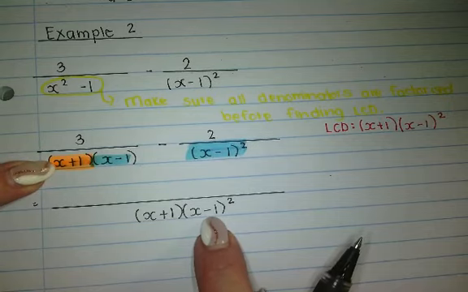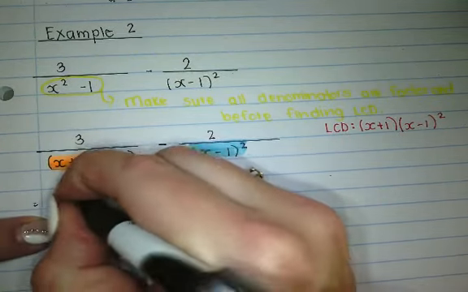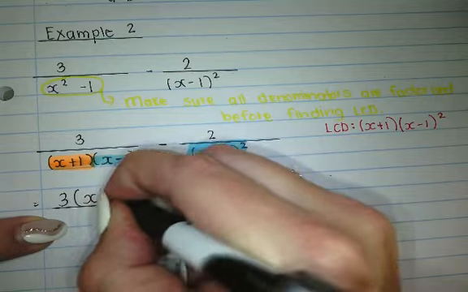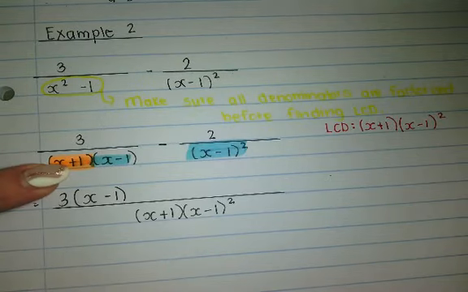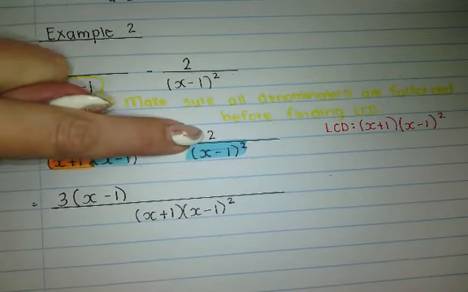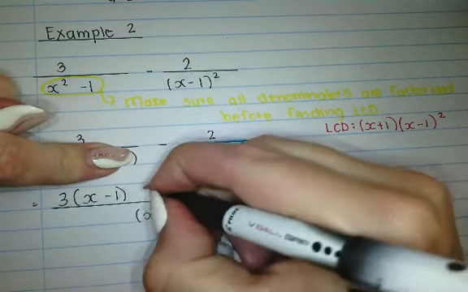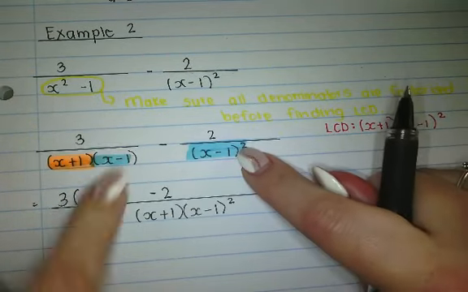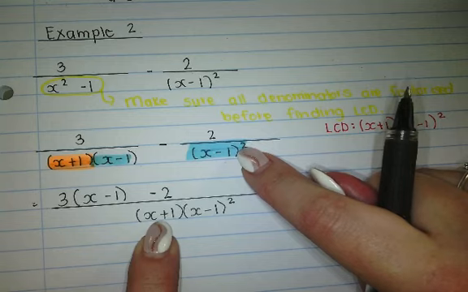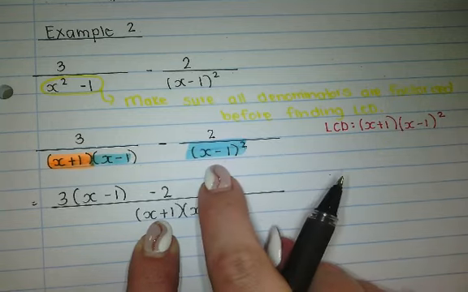Okay, this one is missing x minus 1. Are you with me? So this 3 needs to get multiplied with an x minus 1. Are you good? This 2, not the 2, the negative 2 needs to get multiplied with an x plus 1. Are you good?